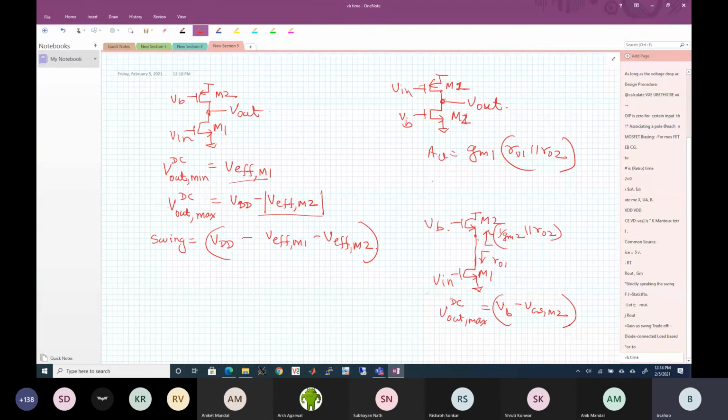VGS of M2 will be equal to VTH plus V effective of M2.